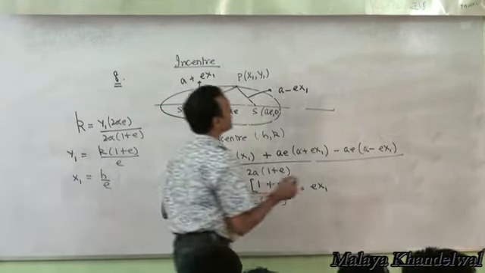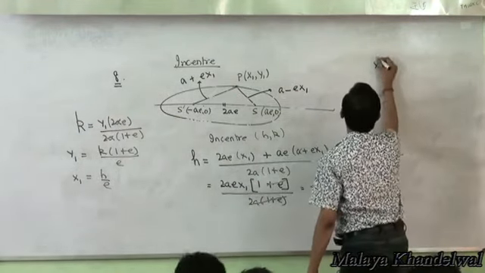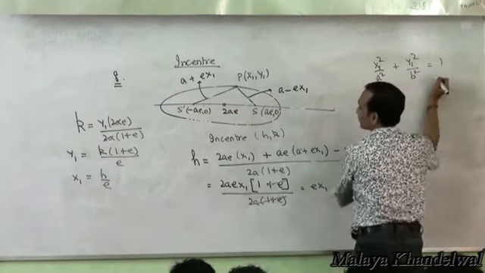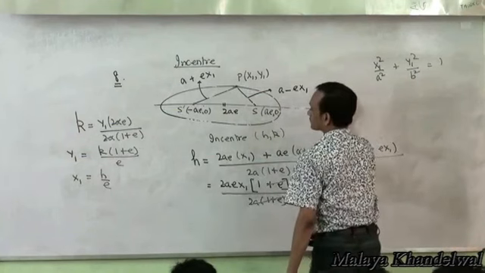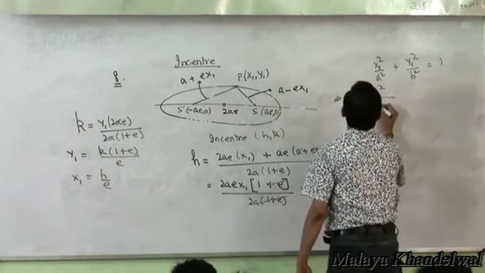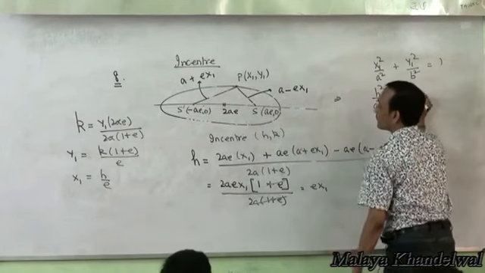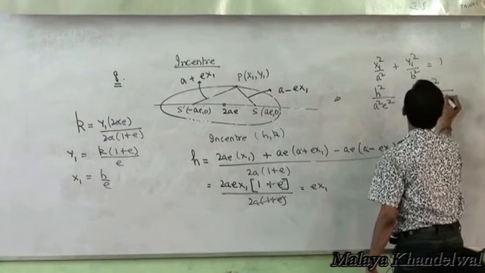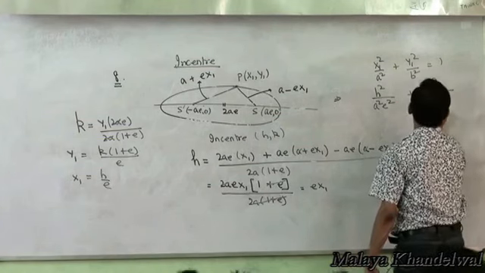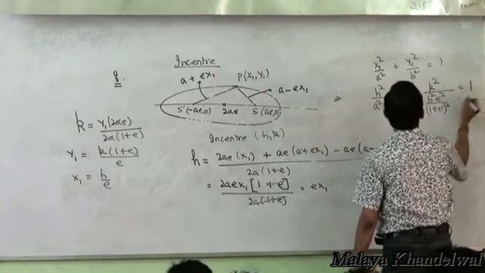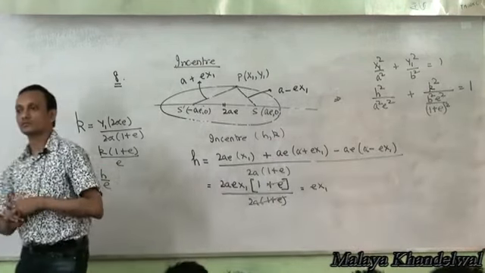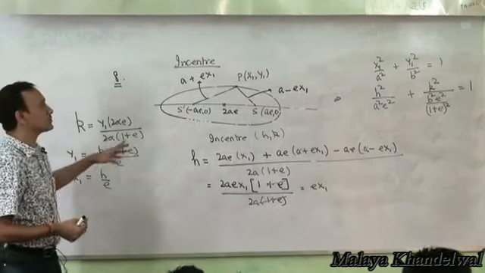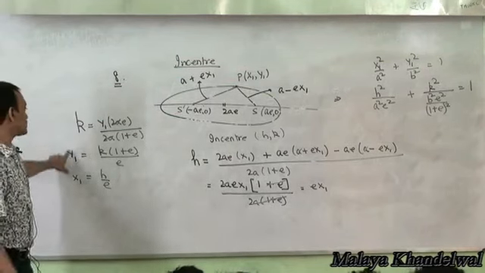So if I use this, with x1 squared as h squared by e squared and y1 squared as k squared by b squared e squared by 1 plus e whole square, equal to 1. That will give me this, where x1, y1 are these.